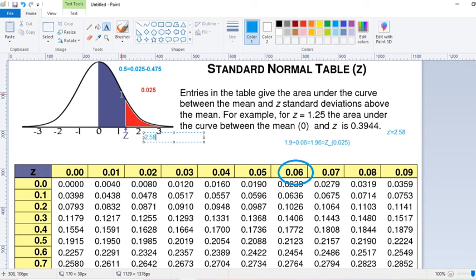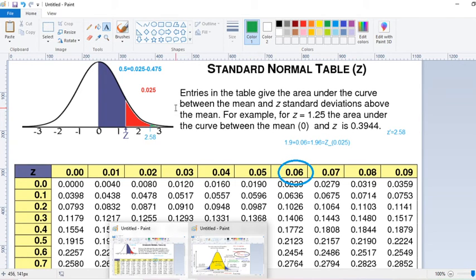Okay, this may be the value corresponding to 2.58. So find the area between 2.58 and infinity. What will be that area? That area will be this green region, and that area is given in the previous slide.